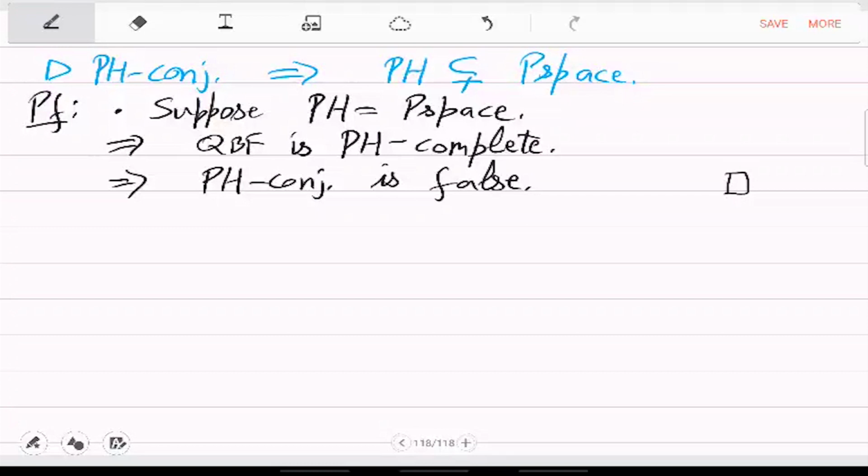Right. So this means that PH will be smaller than PSPACE, assuming the PH conjecture.